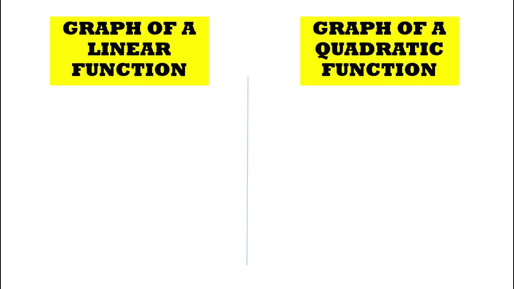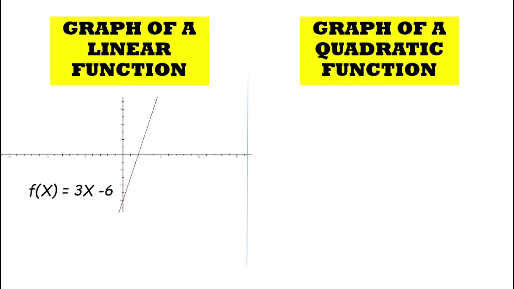Now to summarize the graph of the linear function and the graph of the quadratic function. So this is the graph we had earlier, and this linear function will have a straight line as its graph.